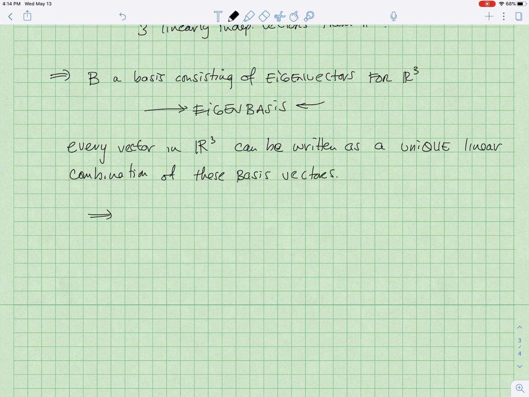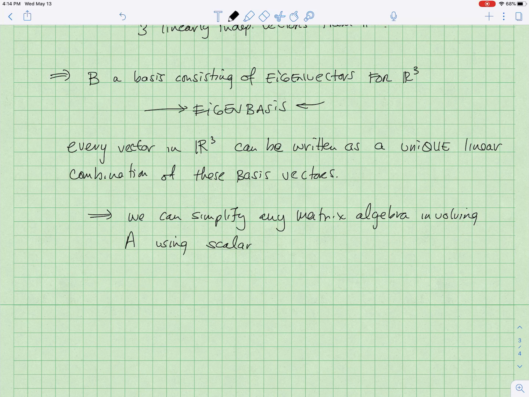And that means that we can simplify any matrix algebra involving A, the matrix that we started with, using scalar algebra. By scalar algebra, I mean eigenvalues.